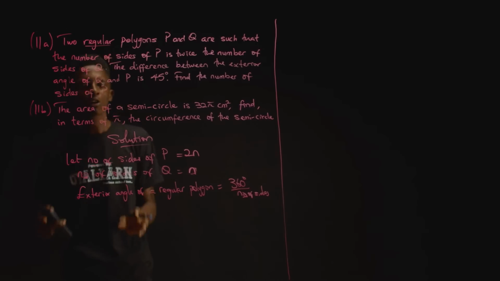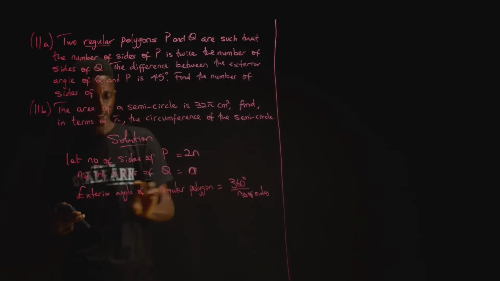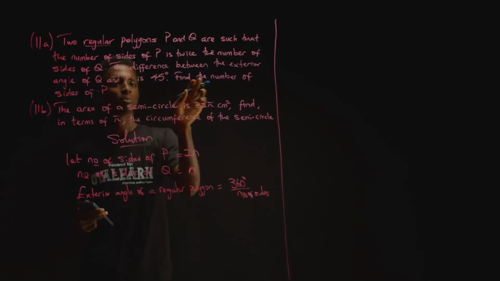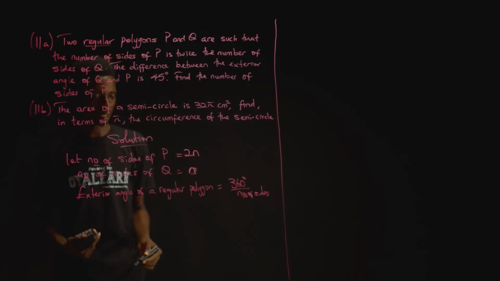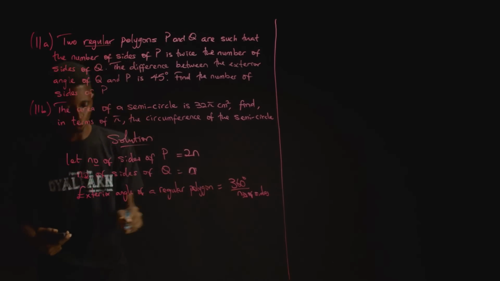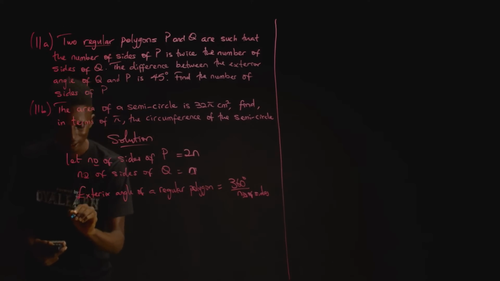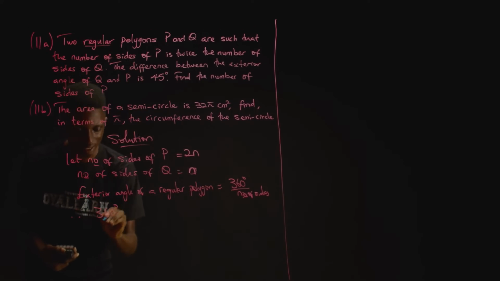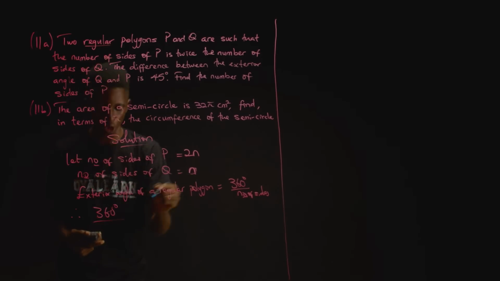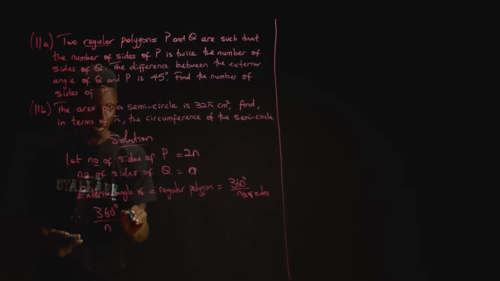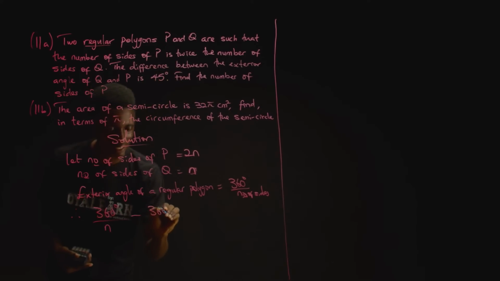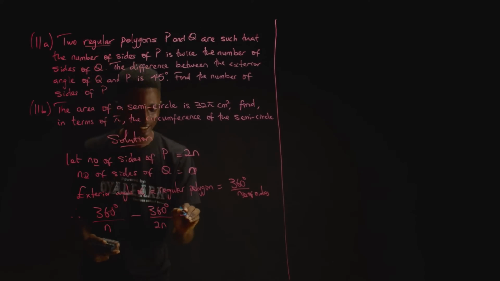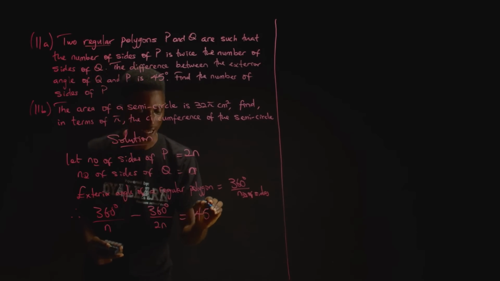So we're going to compute the exterior angle of Q minus the exterior angle of P. The exterior angle of Q is 360 degrees divided by n, minus 360 degrees over 2n, and this should give us 45 degrees.